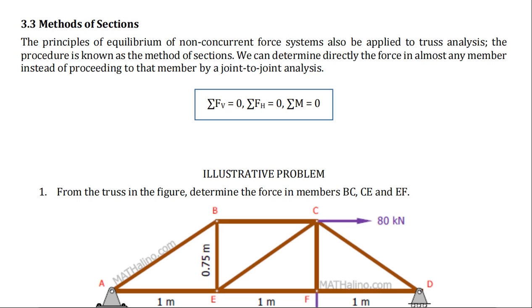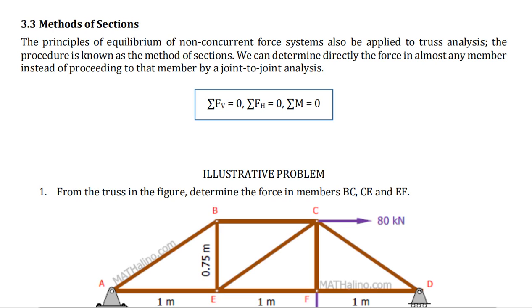The principle of equilibrium of non-concurrent force system can be applied to this method of sections. So we can determine directly the force in almost any member instead of proceeding to that member by a joint to joint analysis.